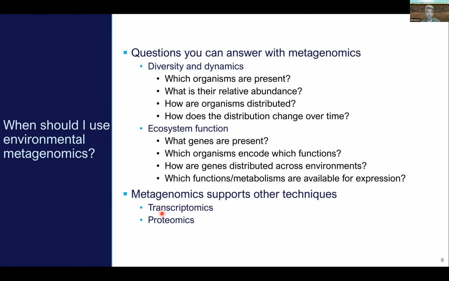And getting above the gene level, you can start to integrate across genes and put together pathways and say which functions or metabolisms are available to this ecosystem. You cannot answer questions about what is actually occurring in the ecosystem because metagenomics is not looking at expression at all. It's just looking at the genes that are present.